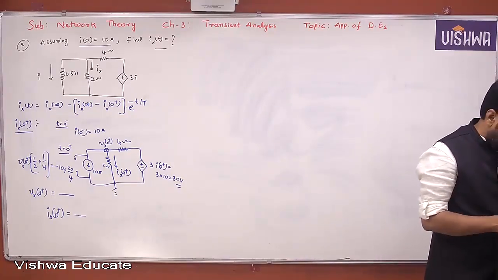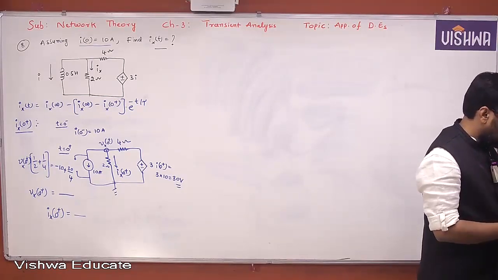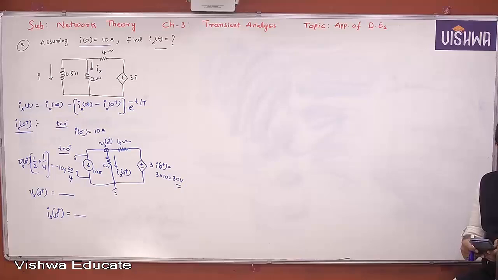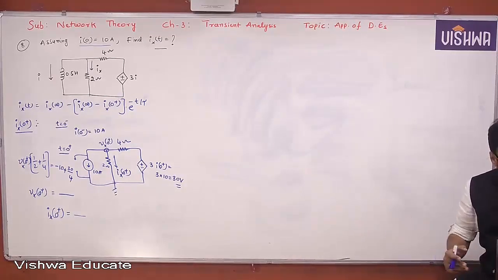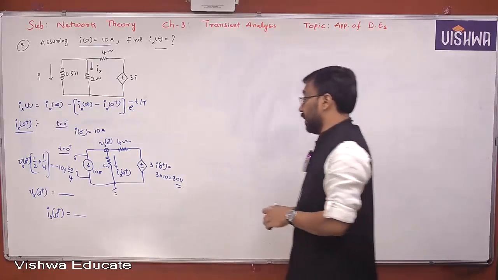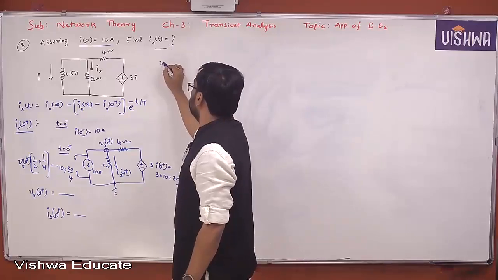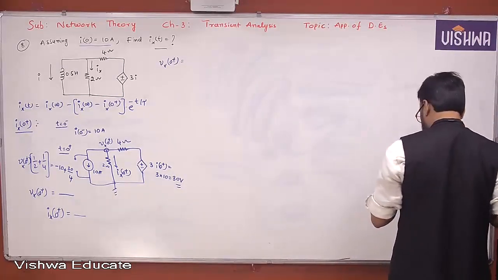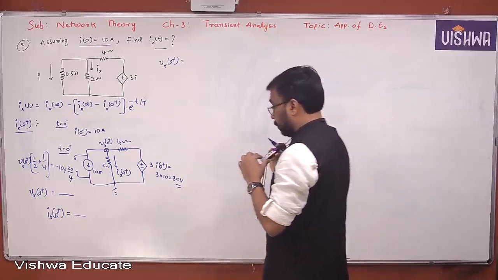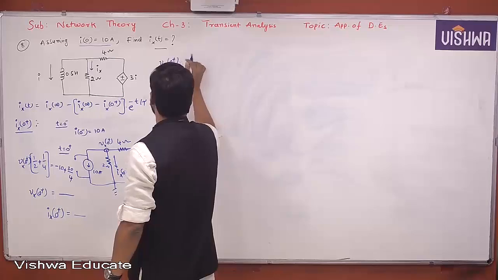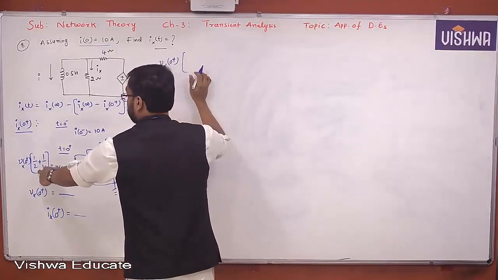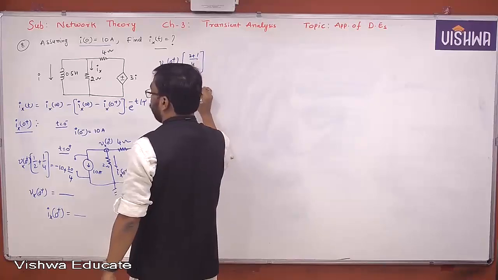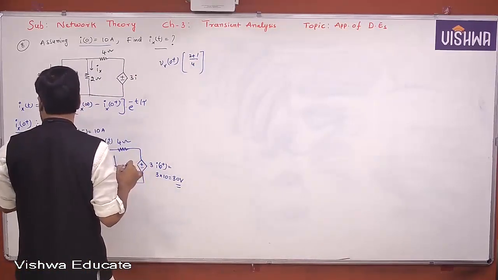Let us calculate it clearly. What is that Vx of 0 plus? 1 by 2 plus 1 by 4 is 0.5 plus 0.25, nothing but 0.75.